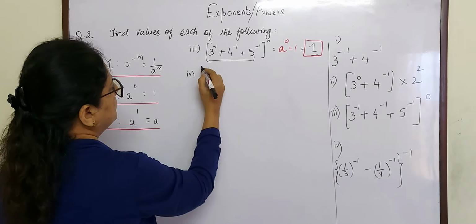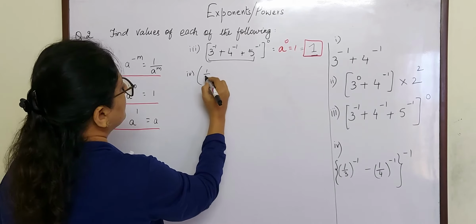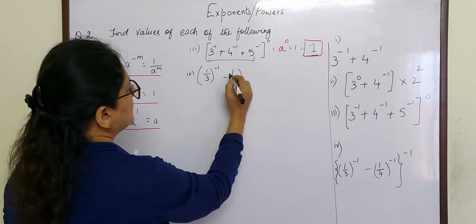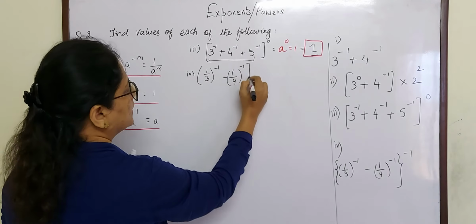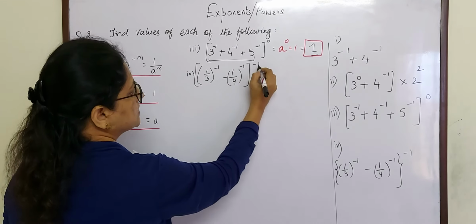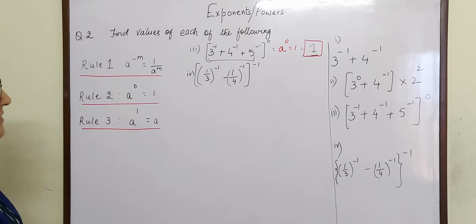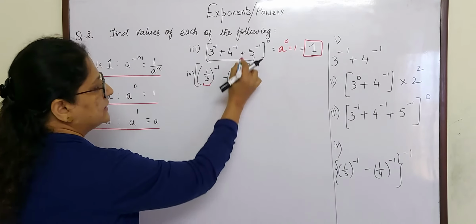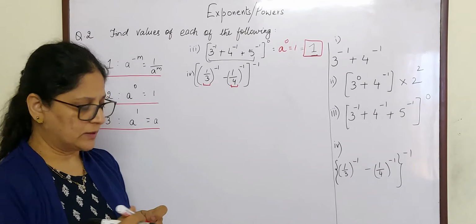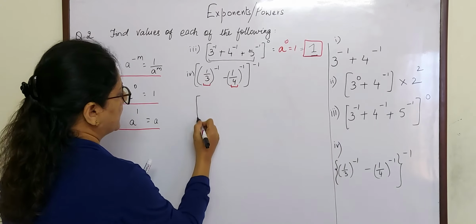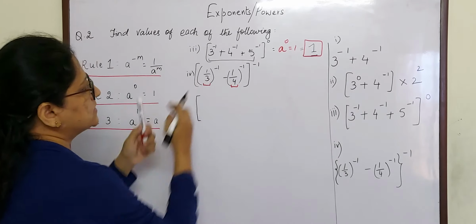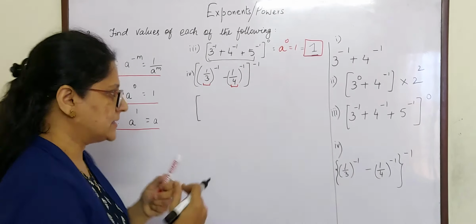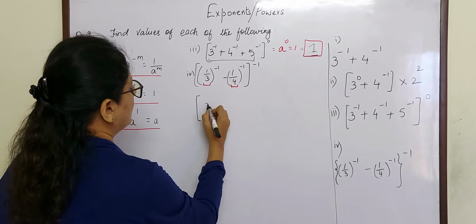1 by 3 raised to minus 1 minus 1 by 4 raised to minus 1, the whole raised to minus 1. So first let me solve this round bracket. Okay, then we will go to the rectangular bracket. So let the rectangular bracket be here. Now what is 1 by 3 raised to minus 1, children? Yes, it is 3 raised to 1. Why?